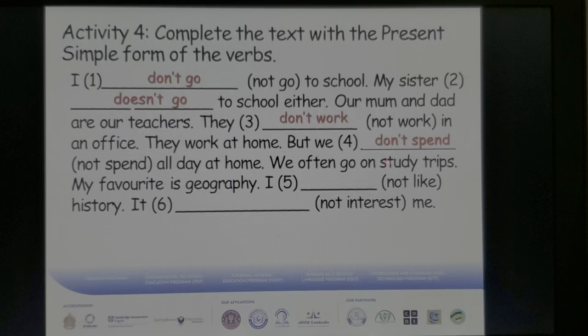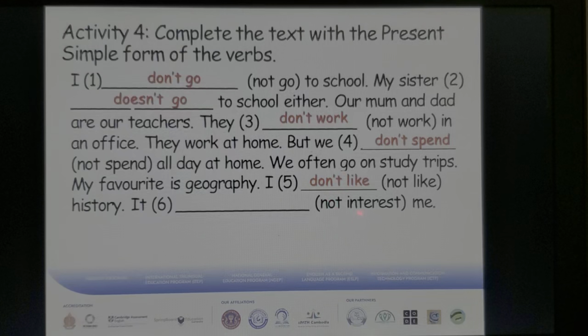We often go on study trips. My favorite is geography. Yeah, geography. I with the verb not like. Negative again. So I what? I don't like. I don't like history. It. Okay, it.